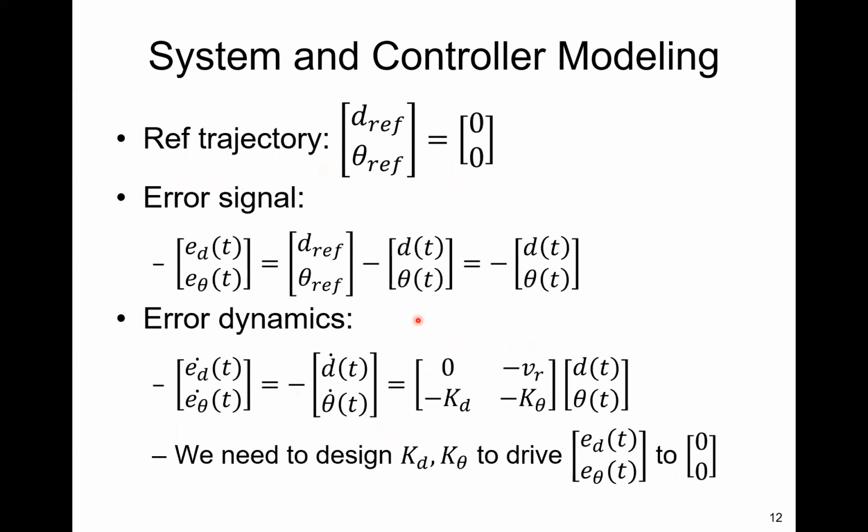And the reference trajectory is 0, 0. So in the center lane and going forward. Your error signal is the difference between the reference and your current true state, which is minus your current true state vector. So the error dynamics is e dot equals minus d theta dot.